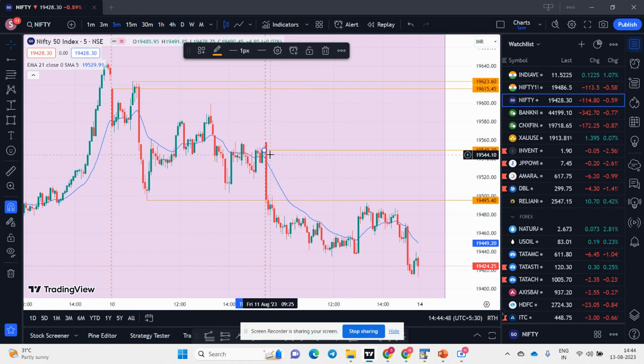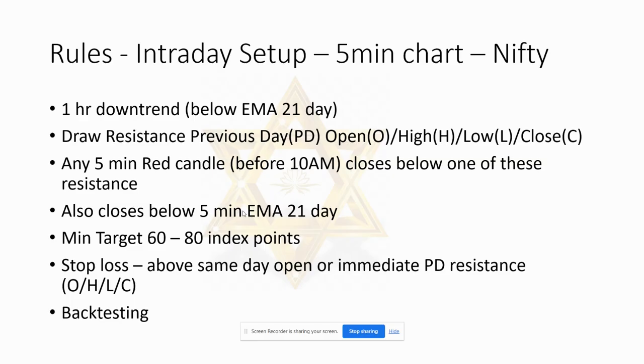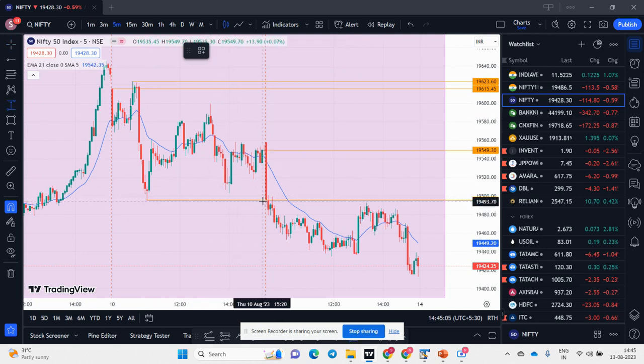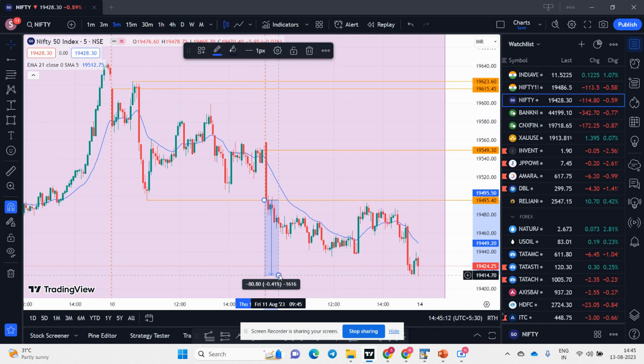This satisfies our condition, and after this candle closes, we can go for an entry. It gives 60 to 80 points, close to that. If you measure how many points it has given, it has exactly given 80 points as a target. That closes our entry and target.